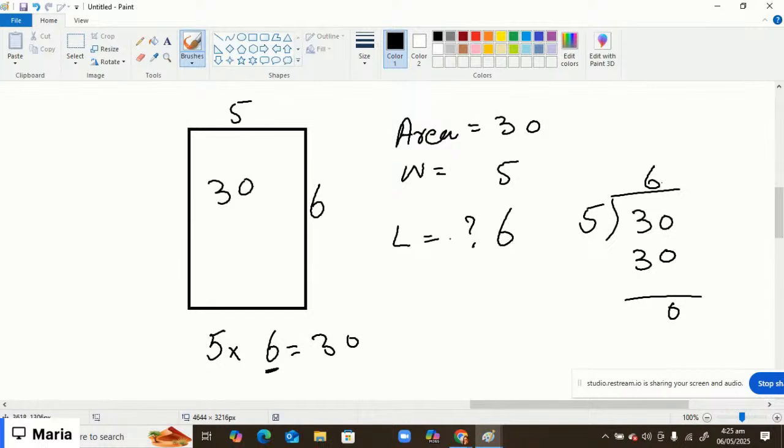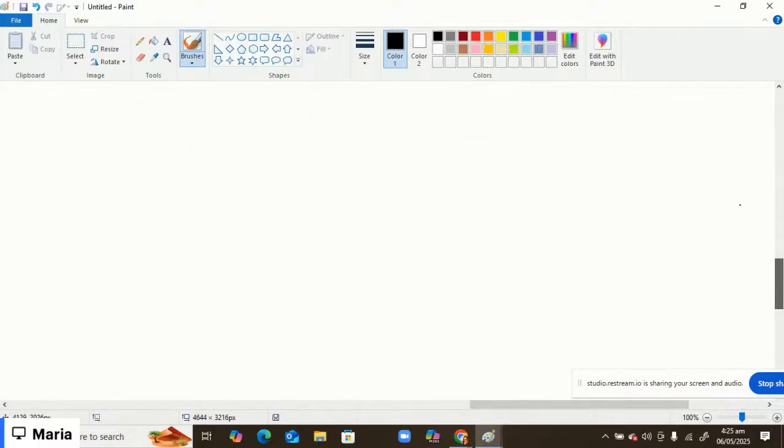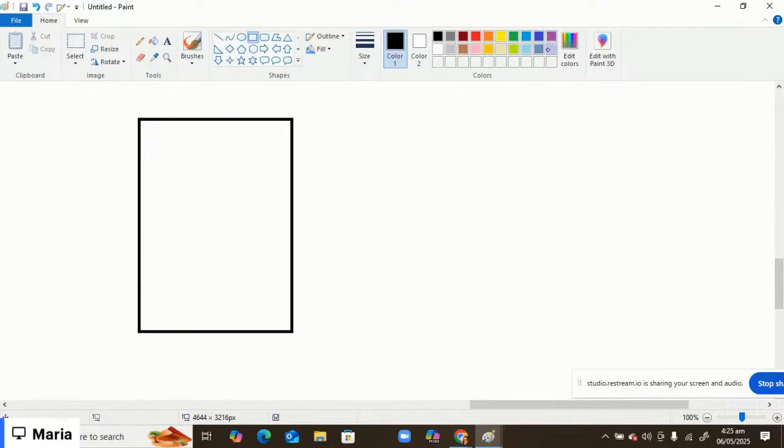Okay, very good. Alright, I'm going to write here a question. You guys tell me this time the answer. Okay. So here is the question, that is total area which is given 21, and here the length is given, that is 7.